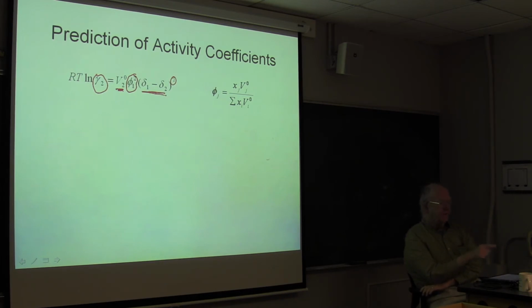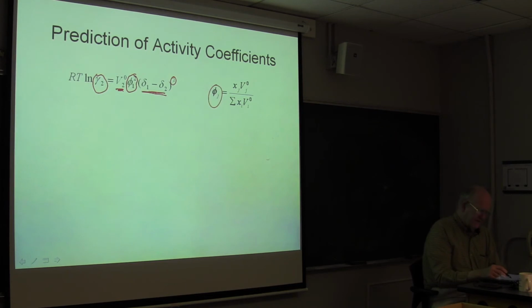There's no parameter representing the interaction of 1 with 2. That came from the geometric mean rule. That's why it's not there anymore. Now, the volume fraction is calculated as the mole fraction times the molar volume of that species divided by the total volume of the system. Let me make life simple and only consider a binary mixture of 1 and 2, not 1 with 2 and 3 or anything more complicated.